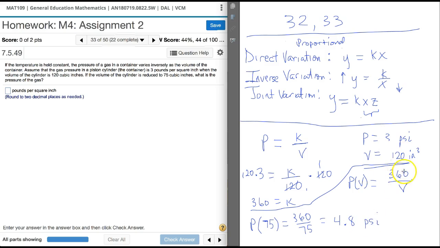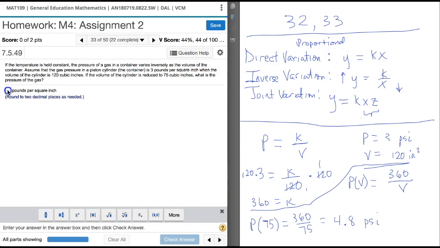Okay, so we can see basically if the volume goes down for that particular container, then of course the pressure, pounds per square inch, is going to go up.